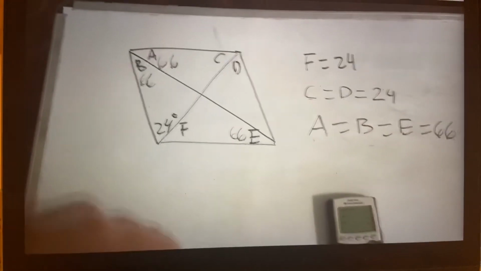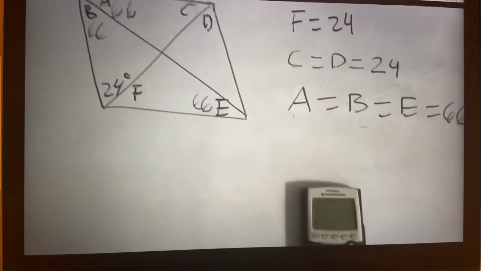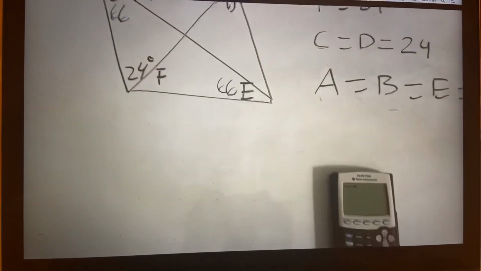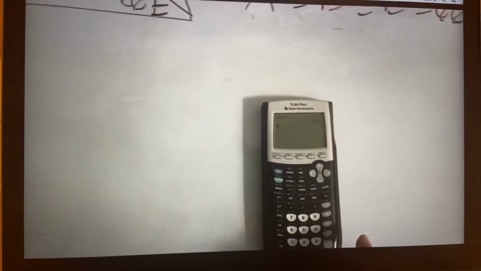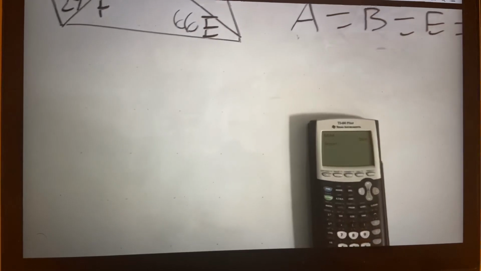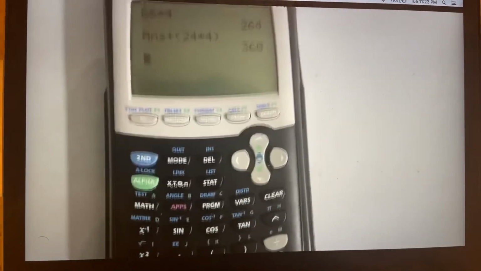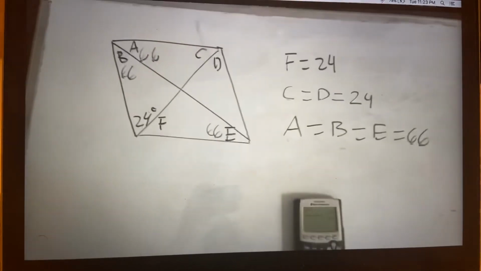And if you don't believe that, the cat fell off of my marker, that's what that was. If you don't believe that, let's just do 66 times 4 is equal to 264, plus, in parentheses, 24 times 4, and that adds up to 360.